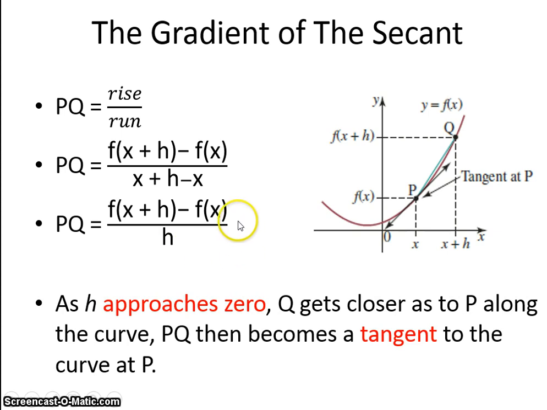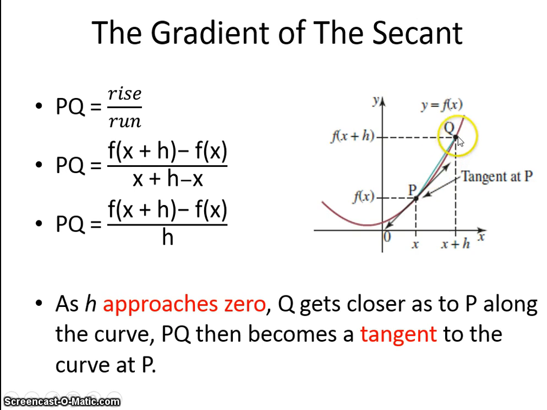Now, if we look at this formula here, we know this is the gradient of the secant, but we want this formula to eventually derive a formula for the gradient of the tangent. If we look at the curve here and we look at the point Q, if I moved Q down the curve like so and moved it towards the point P, what would happen to the value of h?